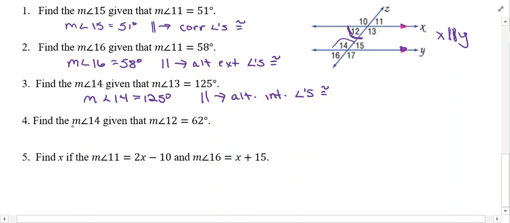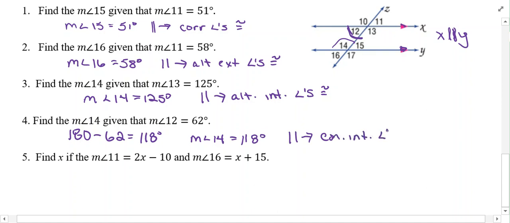So I can do 180 minus 62, which will give me 118 degrees. So I know that the measure of angle 14 is 118 degrees, and that's because parallel gives us that consecutive interior angles are supplementary.